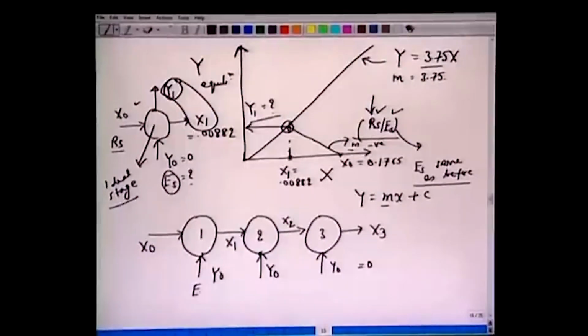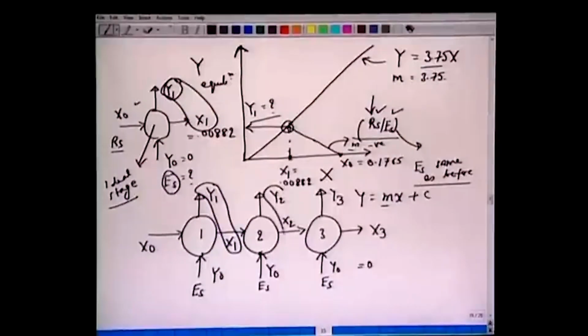Es, Es and Es. So, we have now y1, we have y2 and we have y3, and before we solve, it's given that all 3 stages are ideal stages, which means y1, x1 are in equilibrium, y2, x2 are in equilibrium, y3, x3 are in equilibrium.